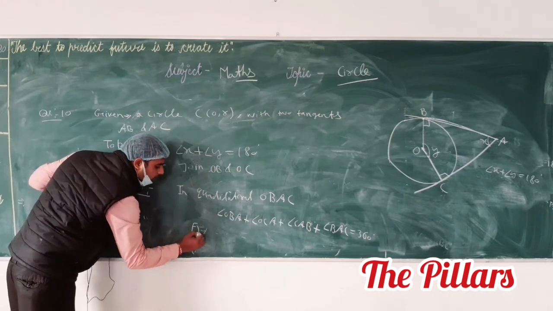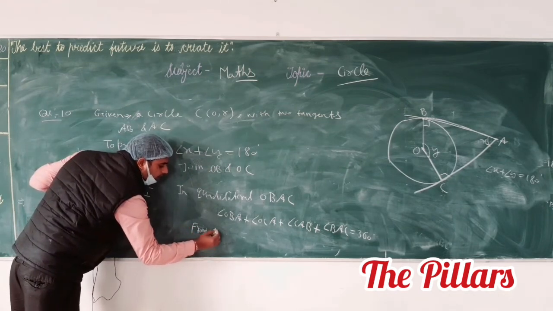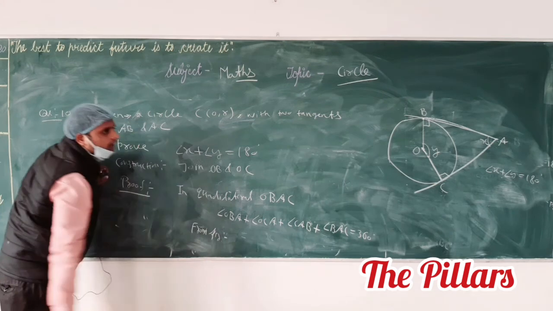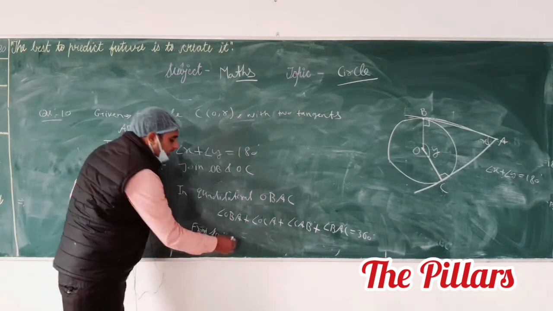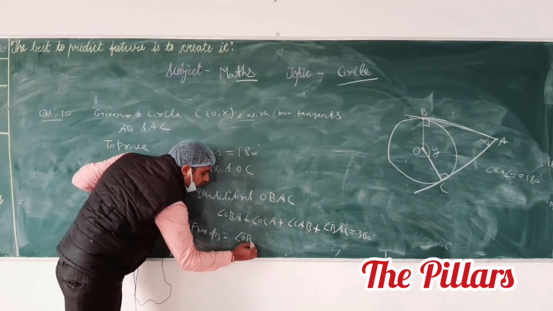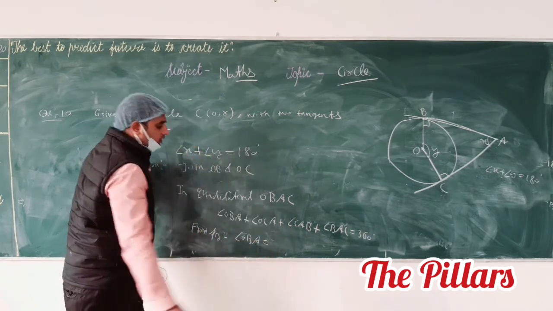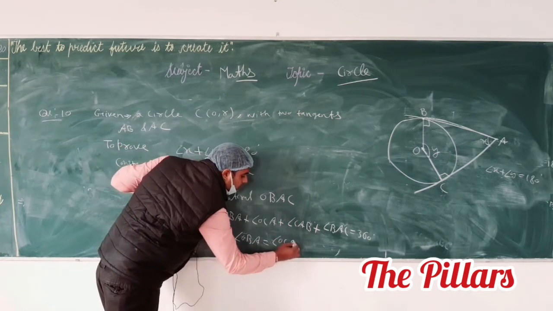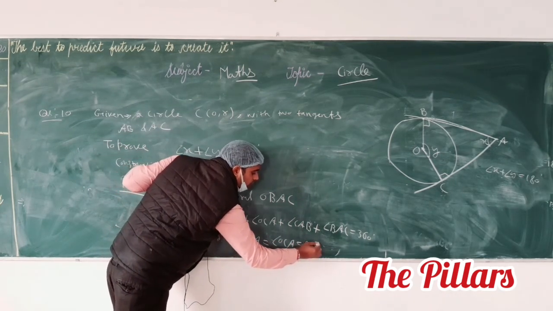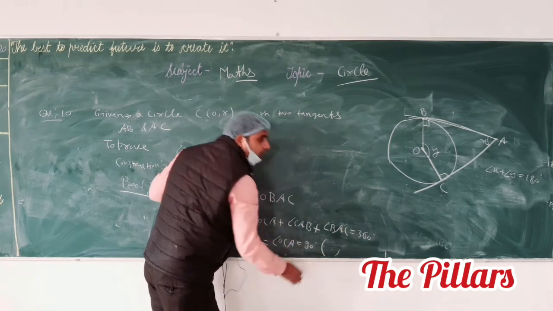Don't talk. From the figure, angle OBA equals angle OCA equals 90 degrees. Why?